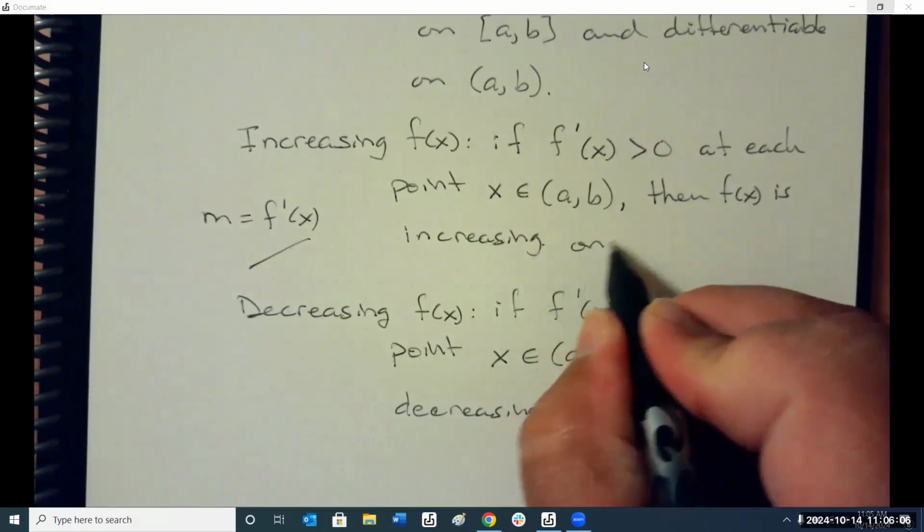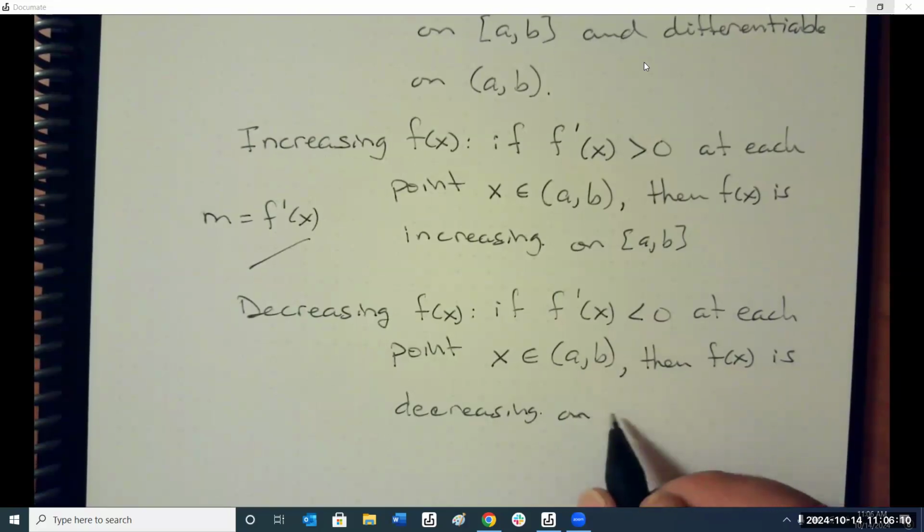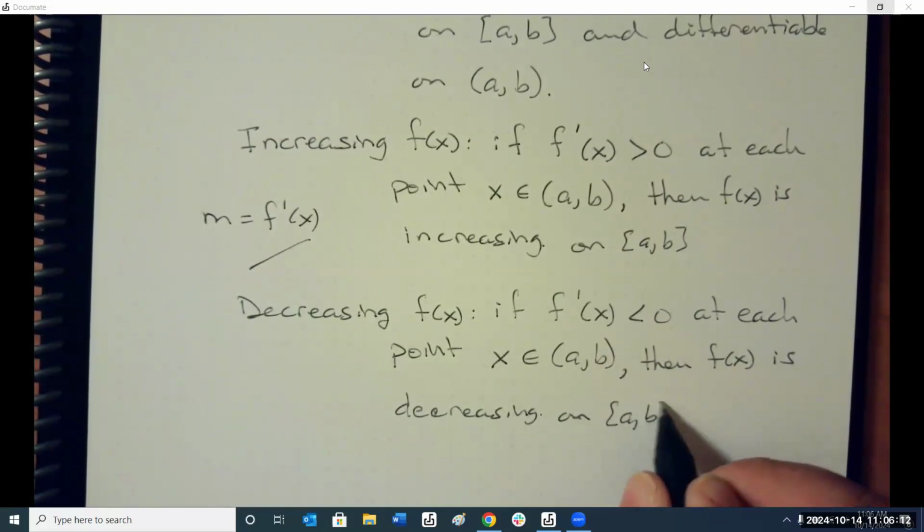Like on the closed interval, because that's the interval we're looking at.